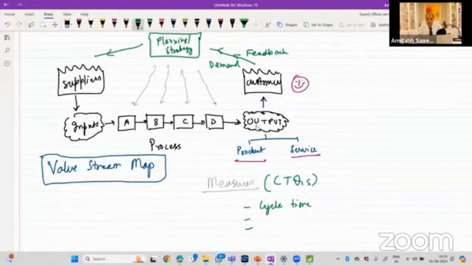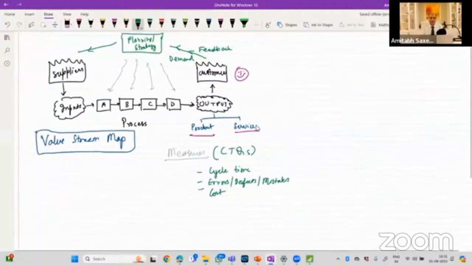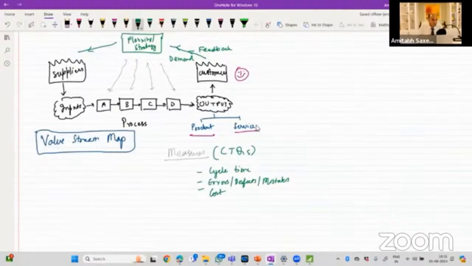One is the cycle time. One is the errors. Errors means the quality: mistakes, defects, defectives, the number of mistakes you commit, the number of defects you make. And also the costs. Apart from that, the customer would be interested in other measures. If you are from a hospital, the customer would be the patient.